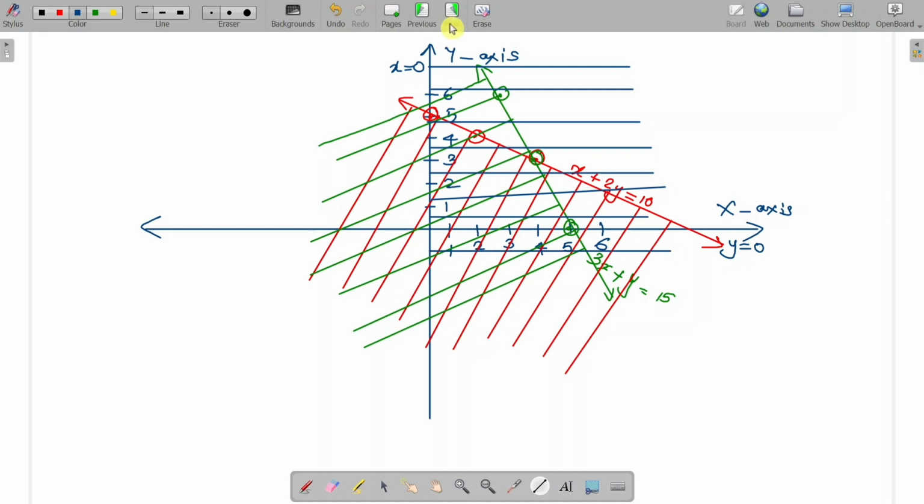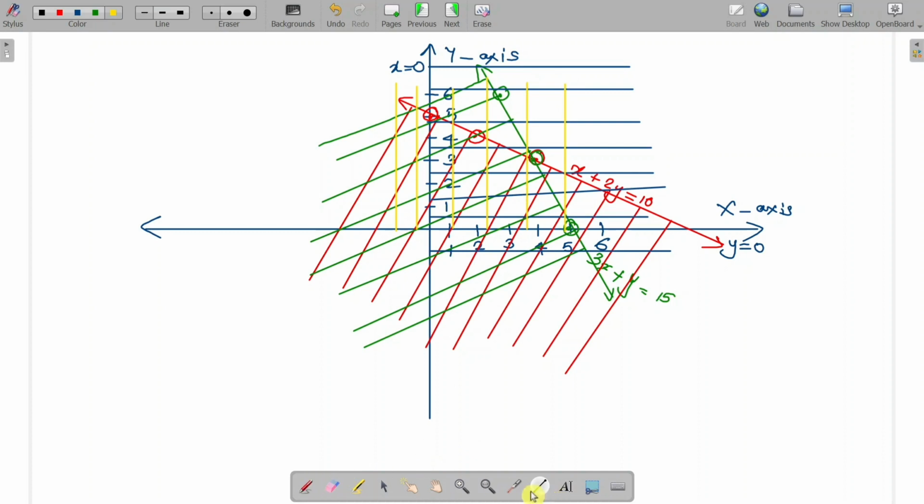Okay, and for the inequality y greater than or equal to 0, the solution region is the region above the x axis. Okay, so that means this.